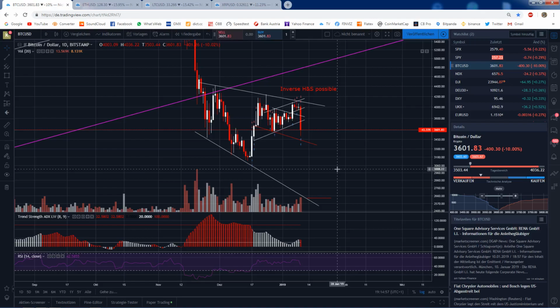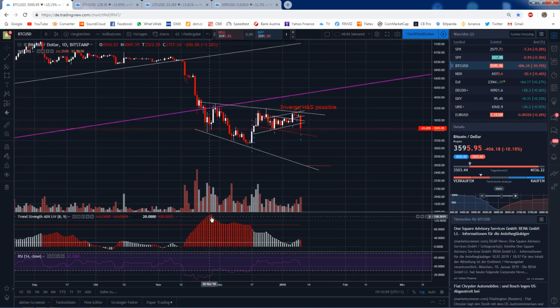So our bear trend just got bigger and bigger, more established, until we had some consolidation right here, and usually the ADX declines on consolidation and rises on impulsive moves in one direction, and usually after it has seen a break of support or resistance recently, then it starts to ascend again.